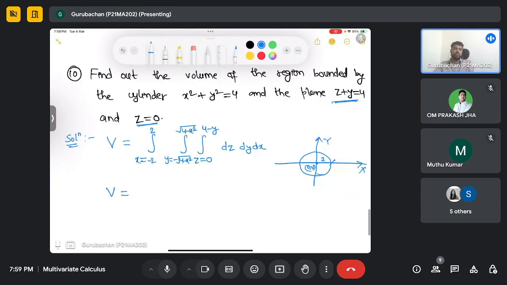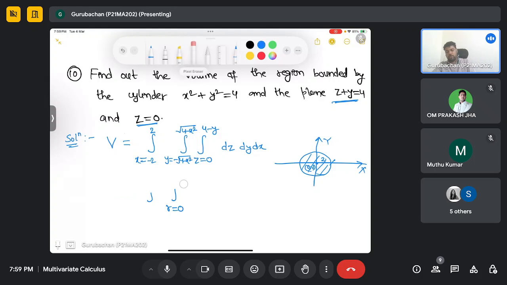And what can be the smarter way to calculate this value? The other way around is to change into polar coordinates. Since we have the equation x square plus y square equal to 4 and we are talking about this whole circle, that means our r will vary from 0 to 2.